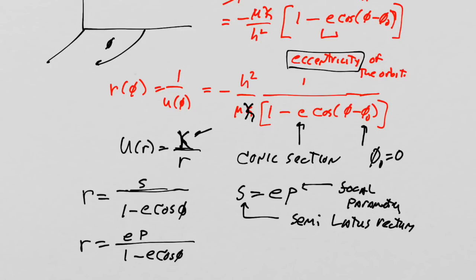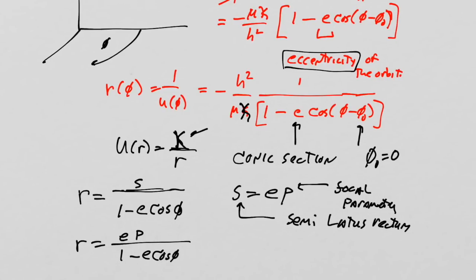But we also know from this that the apoapsis of the orbit, the farthest point, is e P over 1 minus the eccentricity. And the periapsis, which is the closest, is e P over 1 plus the eccentricity, right?